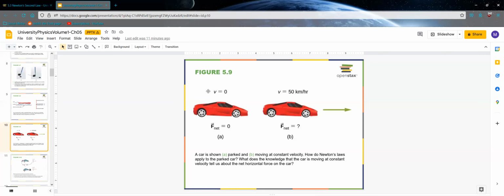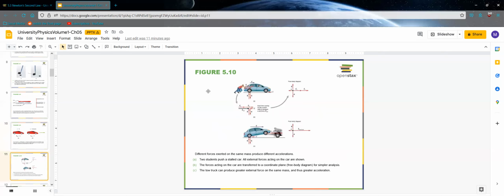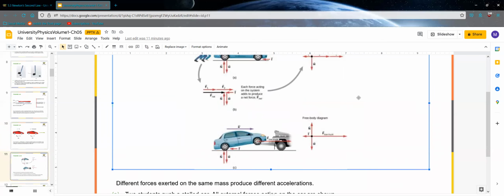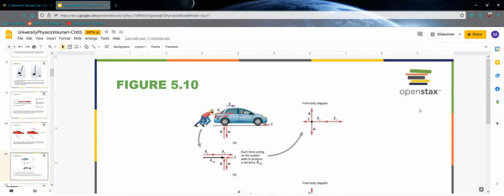Yeah. So what is the net force on car B, even though it's going 50 kilometers per hour? Well, if it's not accelerating, the net force is probably still zero. And then you can do various, as shown here, very complicated free body diagrams explaining what's going on and simplify them out. I think the top one is a very good example of how complicated free body diagrams can be and how simple this process becomes.